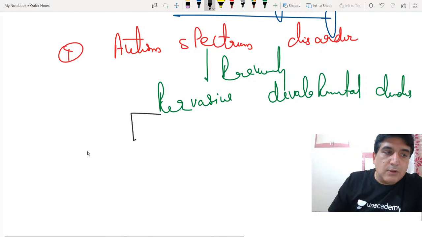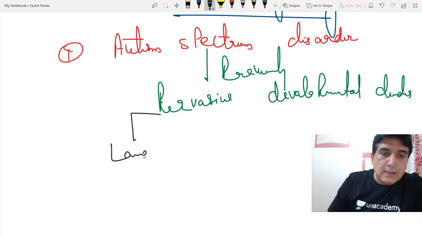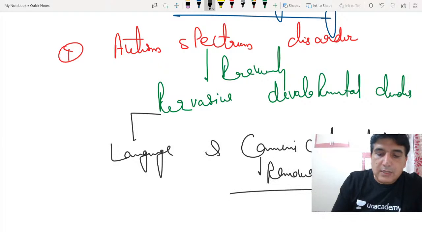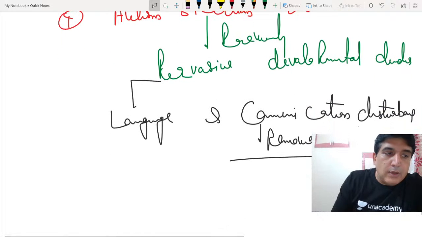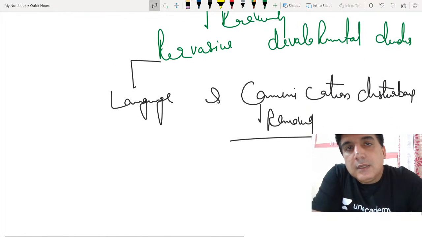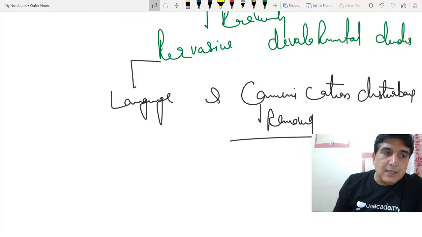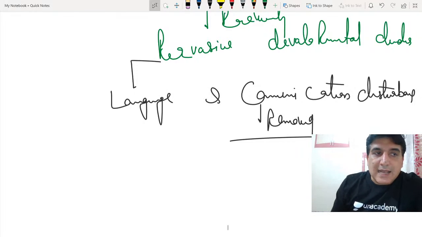In ICD-11 also the language and communication disturbance criteria has been removed. We only have two important criteria: impairment in social interaction and stereotyped behavior. These changes have been made in ICD-11 in child psychiatry.